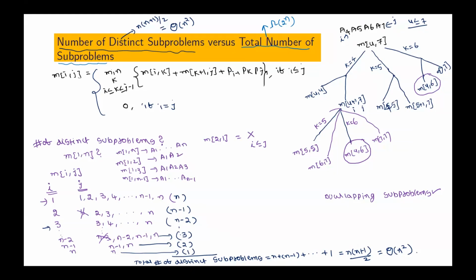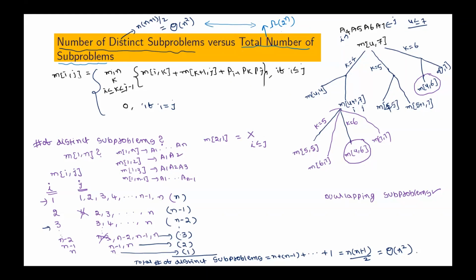Is the screen visible? Yes, sir. Okay. So what is the total number of subproblems we are solving here? That is big omega of 2 power n. The number of distinct subproblems is theta of n square. Here itself we get a doubt. The number of distinct subproblems is n into n plus 1 by 2, that is theta of n square, while the total number of subproblems we are solving is 2 power n or even more.